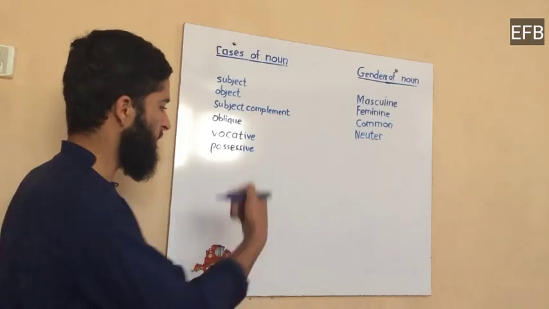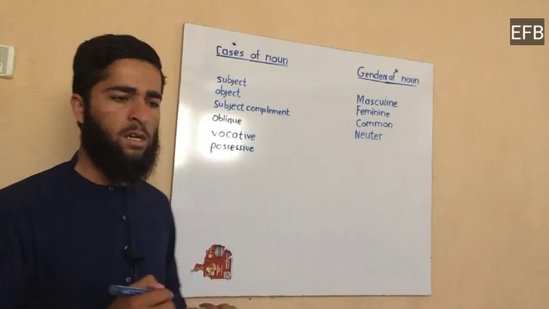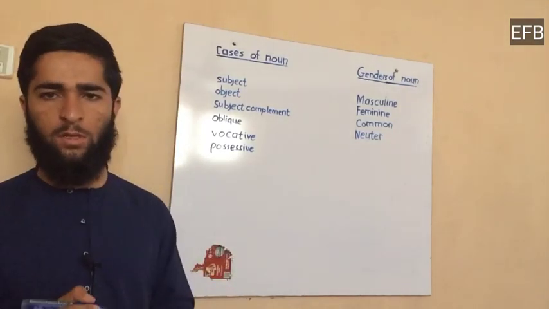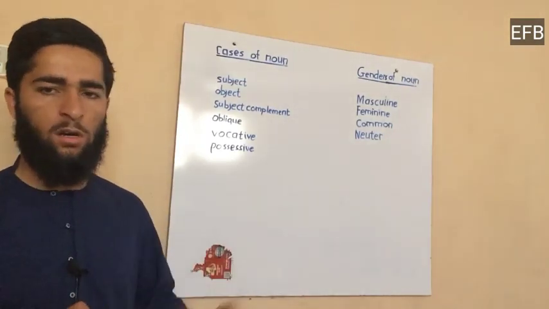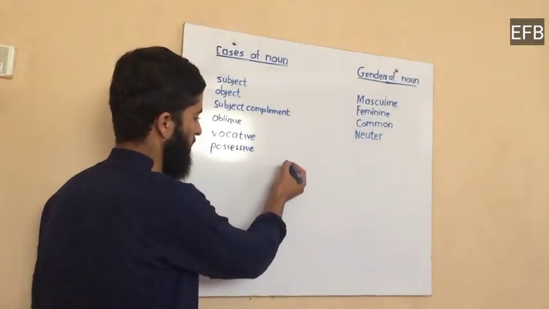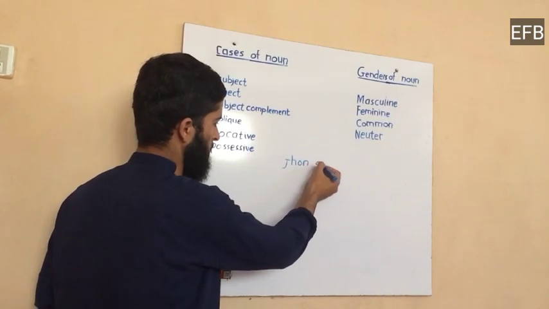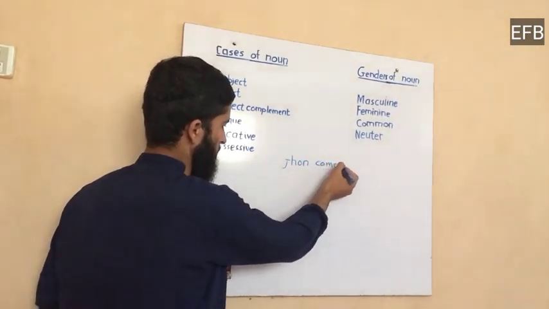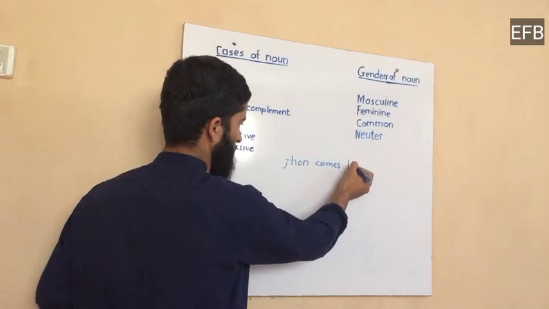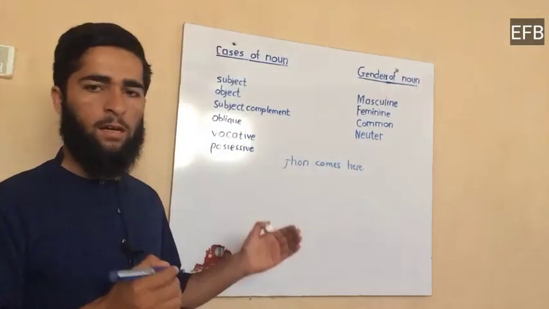The first case of noun is subject case, and in this case the noun comes before the main verb and is the subject of a sentence. For example, John comes here.